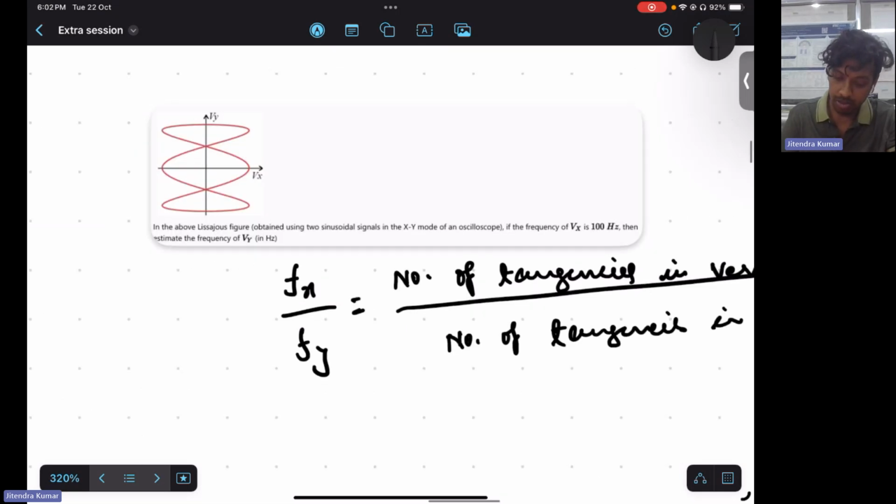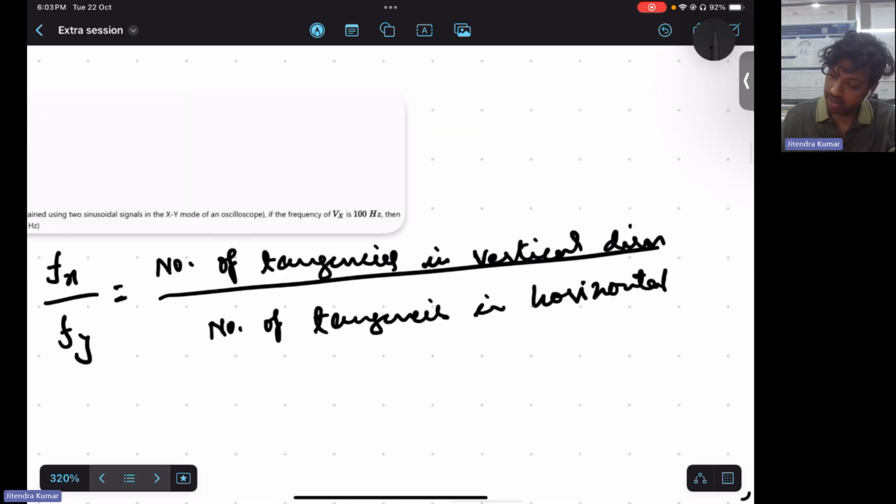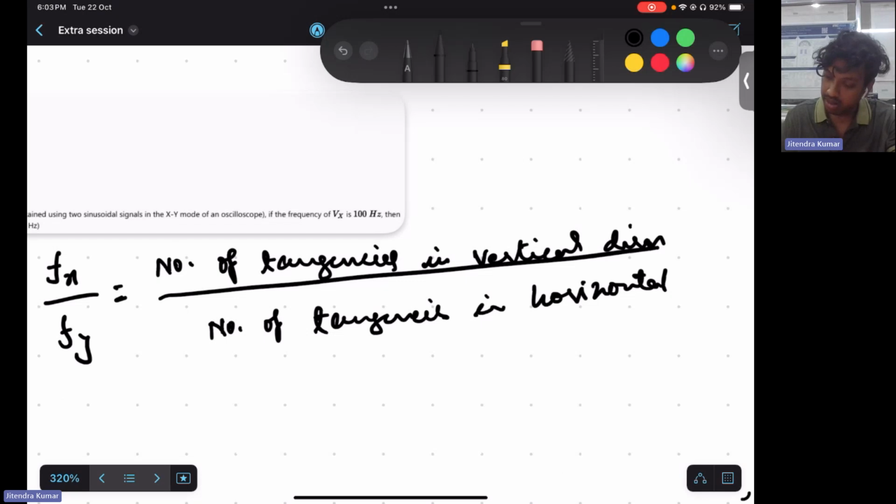Okay, so from this figure, you have to draw a tangency that should cut the maximum portion of this curve. So how many cuts are there? 1, 2, 3, 4, 5, 6. So in the vertical direction, there are 6 tangencies, right?